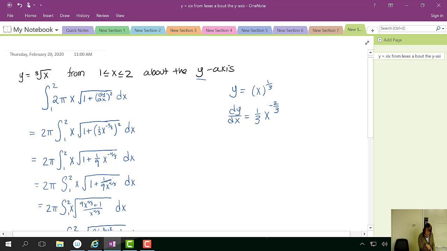Because we don't know x, right? You're not wrong, we know x's range is going from 1 to 2. No, 2 pi x in the formula. What's wrong with that? Because I thought we don't have the equation to plug into that. Well, yeah, but it's already in terms of x, right? Our integral. So we don't need to plug in an equation for this x. That makes sense. It's already in terms of the correct variable.